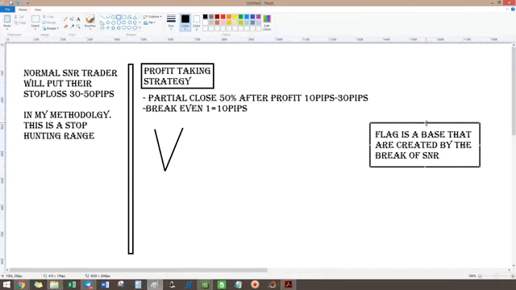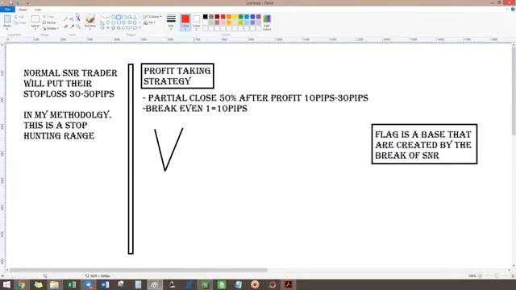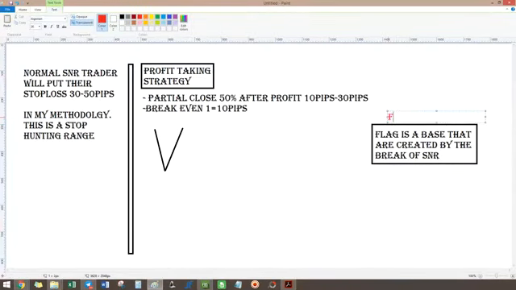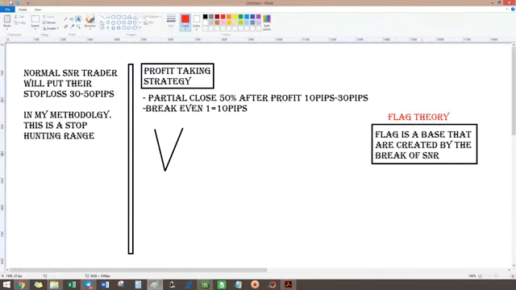Please note down this flat theory. Quite important, not quite, very important. Flat definition, theory. Flat is a base that is created by the break of SNR.